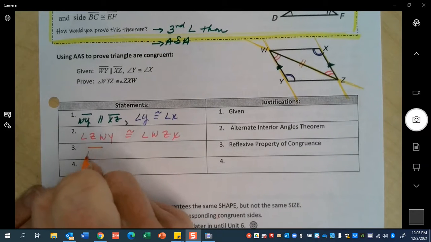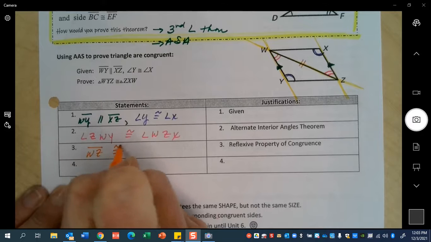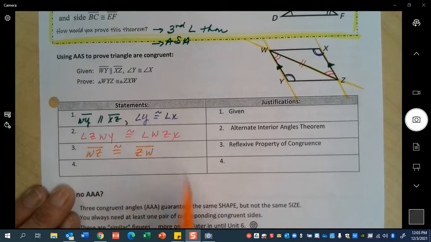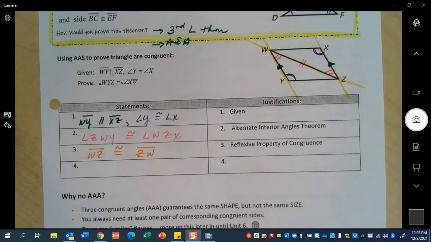But please be very careful because WZ is congruent to ZW. It's not always going to be flipped, but when the triangles are connected like this, if I talk about going from my pink angle down, that's WZ. For this triangle, that's going to be ZW. So make sure you understand why those have to be listed the way they are.